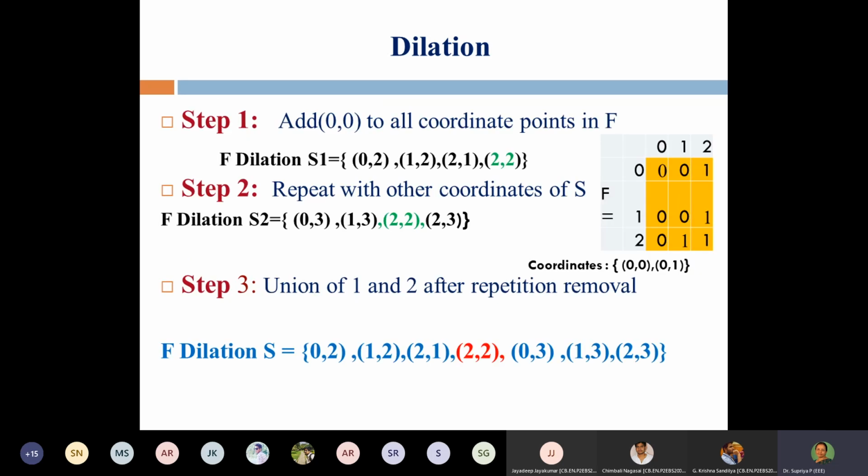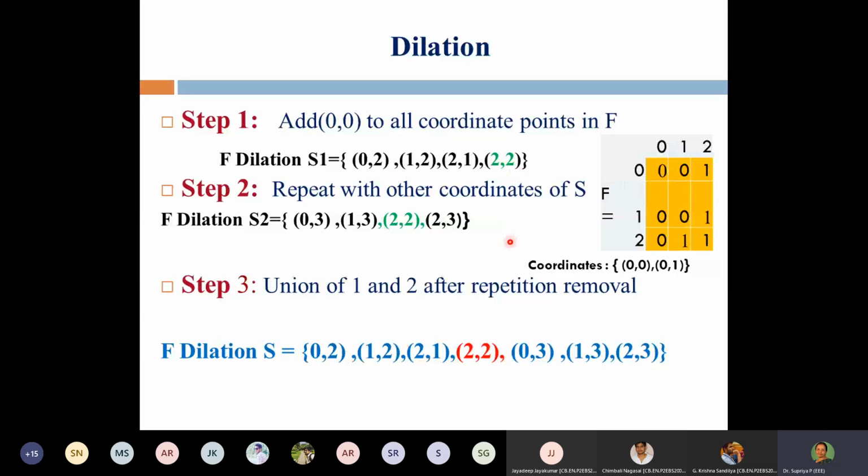So the steps that are going to be considered for the dilation are, we consider where are the ones present. Let us first identify where the ones are present. Those coordinates, we will write them and we will call them as the coordinates of f. And to that, we will add the first coordinate of the structuring element. We will get a particular result. Again, we will take that result and add it with the next coordinate.